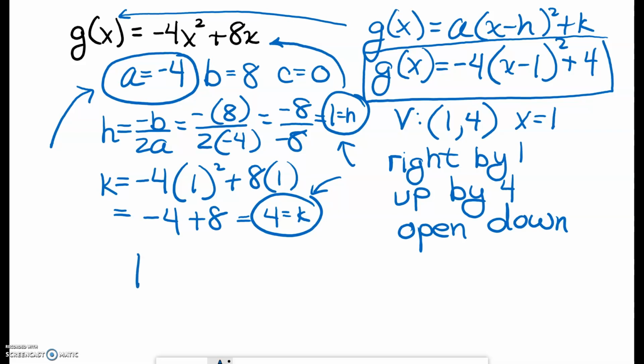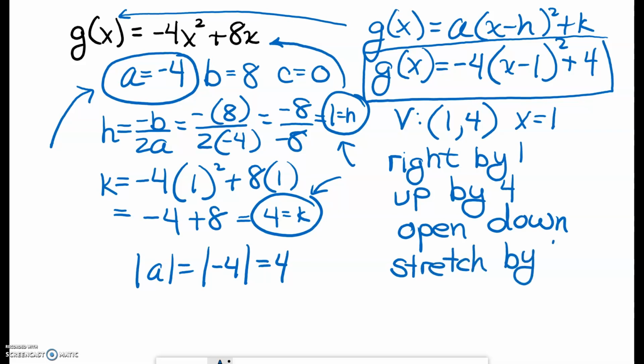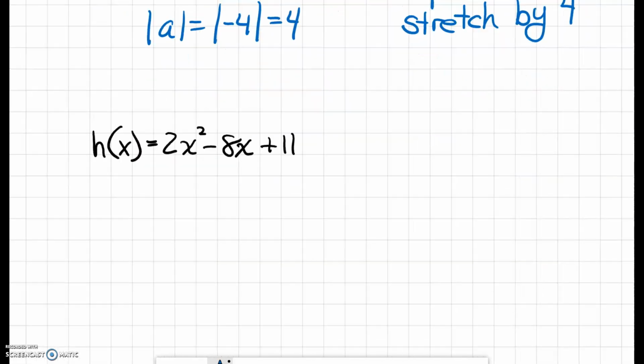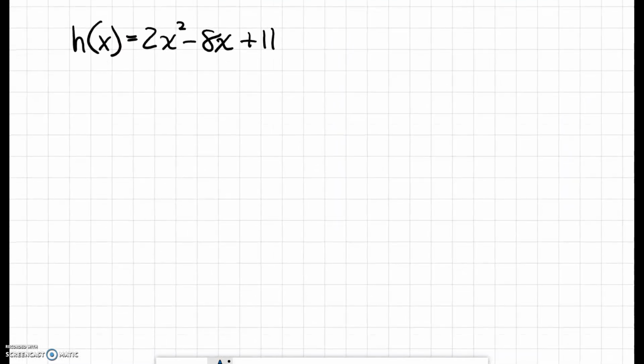And then the absolute value of a is the absolute value of -4, which is 4. And this is greater than 1, so we have a stretch by 4. Okay, and I believe that is complete. So let's move on to the next example.